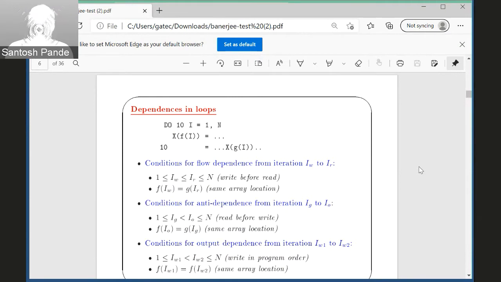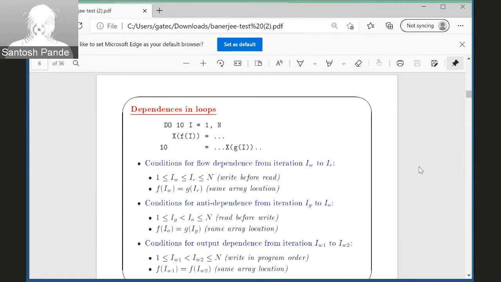If there is a dependence, then it tends to be there in a repetitive manner. Let's say every fourth iteration there is a dependence, things like that. It's not one-off, where it's there for just one iteration and the rest of the loop doesn't have dependence. That is rarely the case.